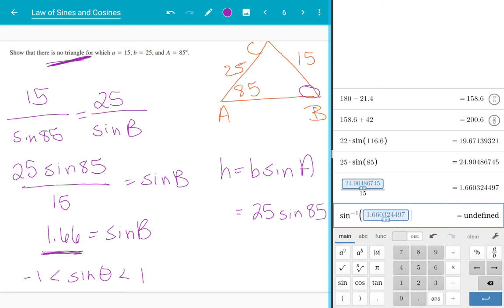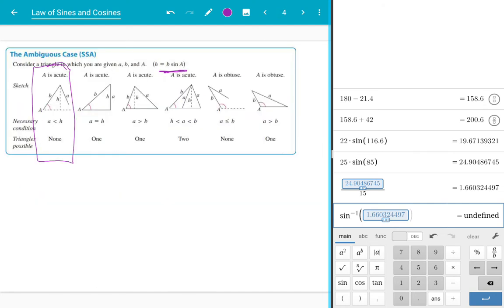So what's 25 times the sine of 85? That's 24.9. Notice that the h value here is greater than the a value. Because that's the case, there's no possible triangle for the figure.